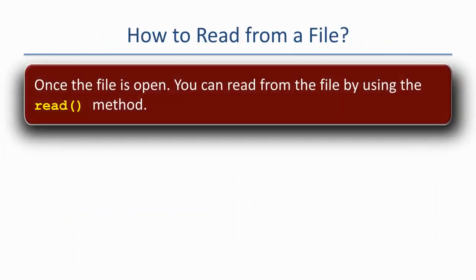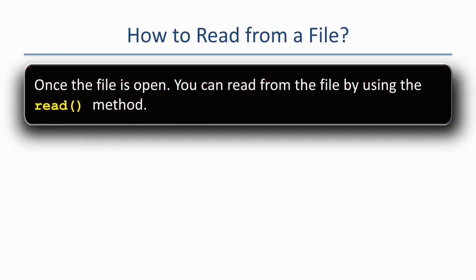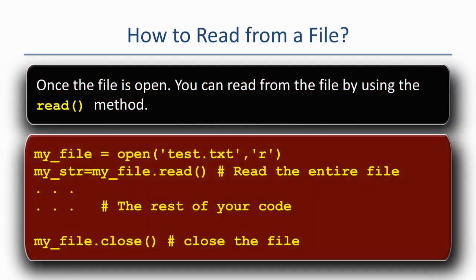How do I read from a file? Once the file is open, you can read from a file by using the read method. Here is an example. In the first line, I am opening a file. The name of the file is test.txt, and I'm preparing it for read.